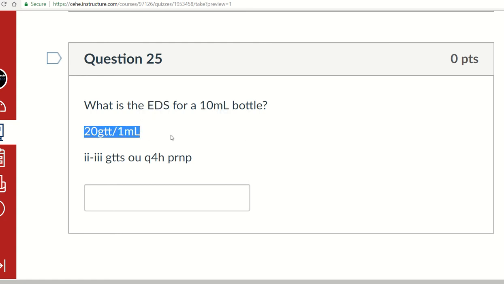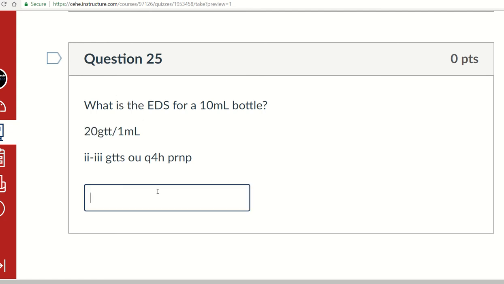So we use 36 drops in a day, right? But how many drops are there in the 10 ml bottle? Yeah, 10 mLs at 20 drops per ml. How many drops is that? So 10 times 20 is 200.